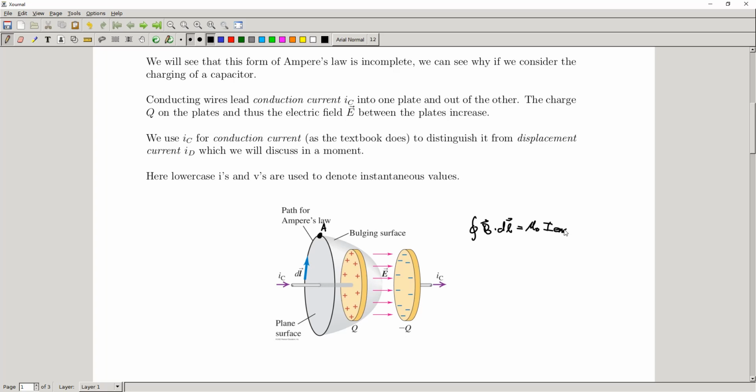And if we used the open surface bound by our closed loop, which is basically just this disk here, and looked at the I enclosed that passes through this disk, well, we would end up with IC, right? So our I enclosed using this open surface here is IC.